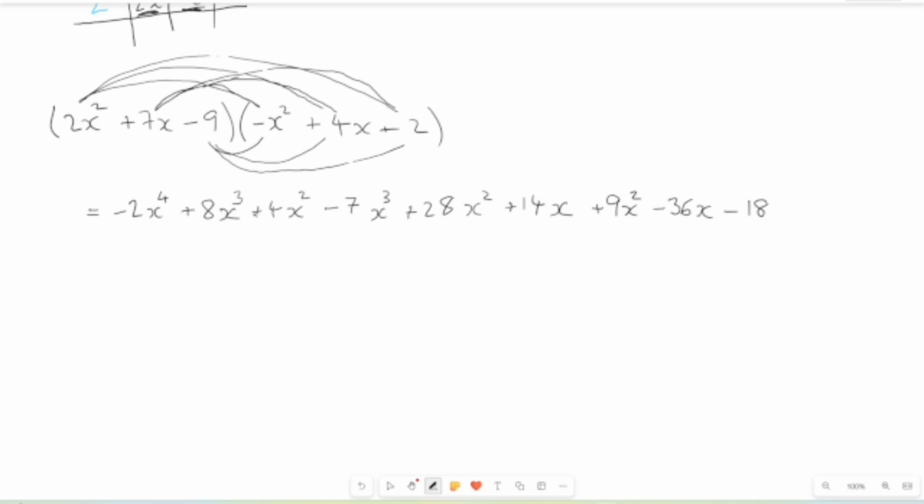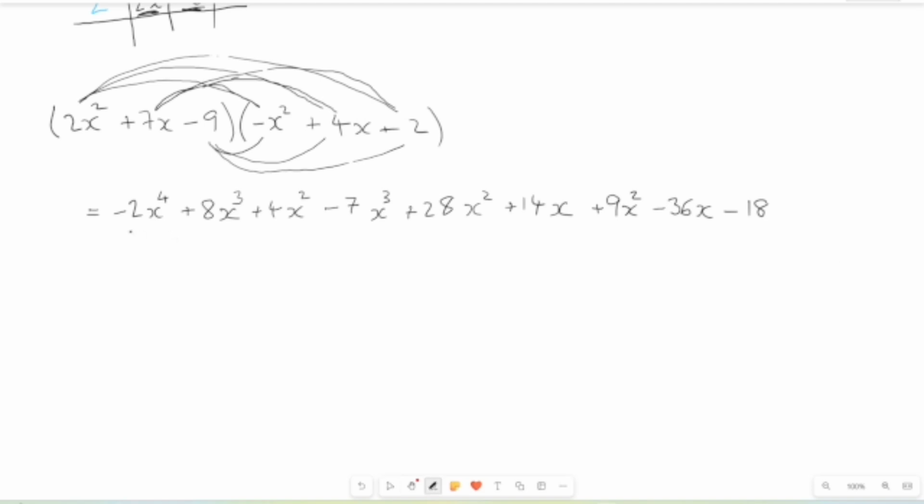What we can do is we can go through and tidy up a bit, because you can see we've got common terms. We've got 8x cubed here, we've got another minus 7x cubed, and we've got multiple terms with x squared in and multiple terms with x. So let's go through and quickly tidy those up.